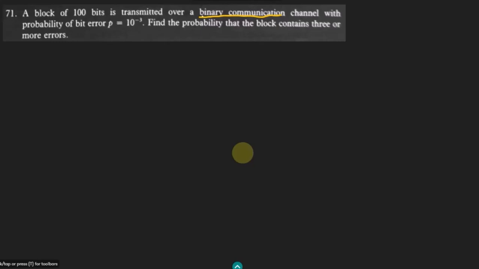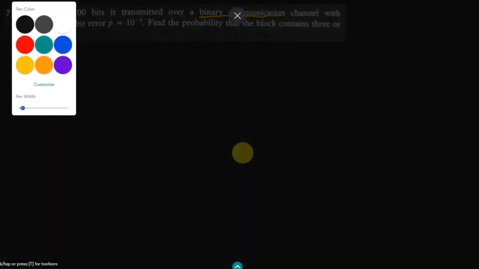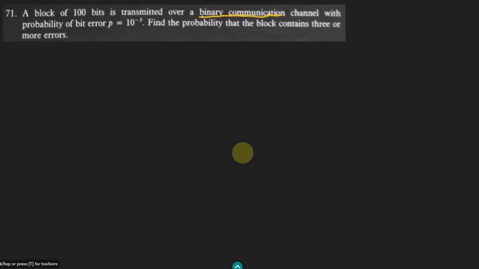More specifically, we can write the solution such that we have 100 bits transmitted over a binary communication channel, and the channel is modeled like this.